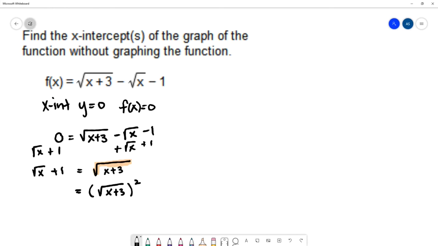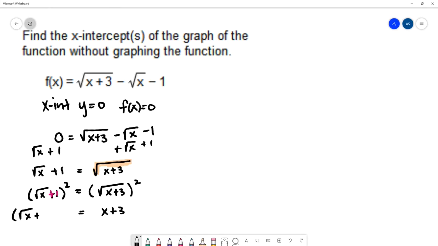And whatever I do on one side, I'm going to do the same thing on the other side. So I'm going to square the left-hand side. On the right side, the square root and square are going to cancel because they're opposite operations. But on the left-hand side, we're not able to cancel out that square root because of this plus 1 here. So we have to actually multiply this side out.